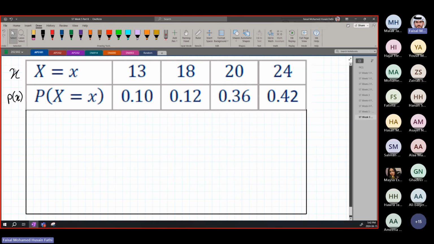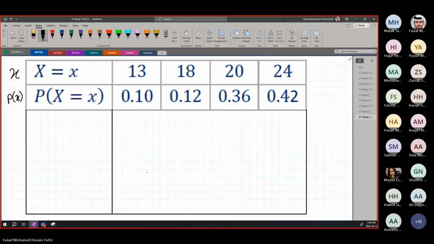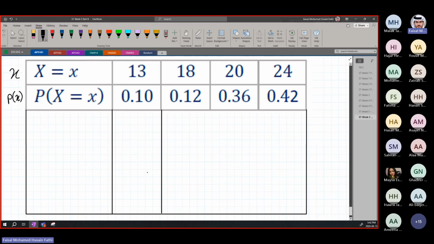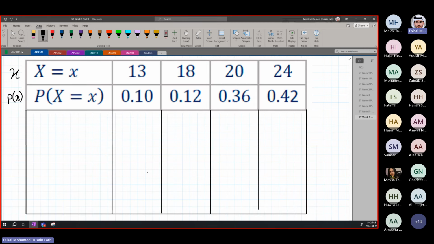So we could think of these as your x values, and these are the probability of your x values, because these are all known values. There's one added thing here that I'm going to show as well. Let me just finish making my table. You're going to split your table the same way as the one above.